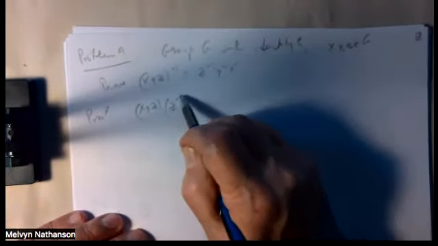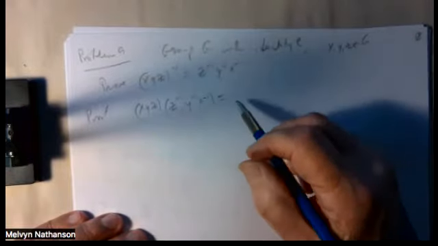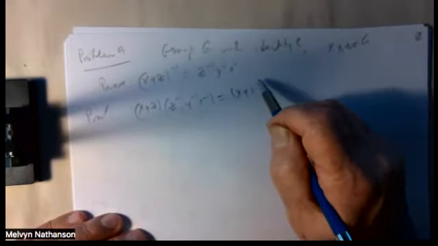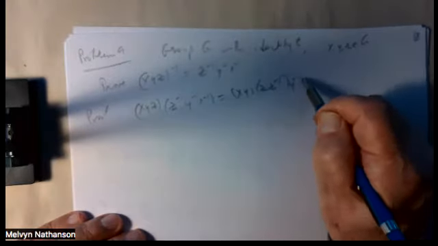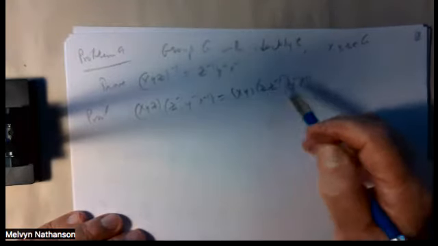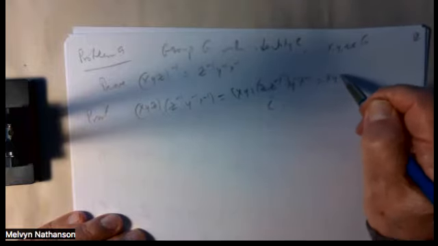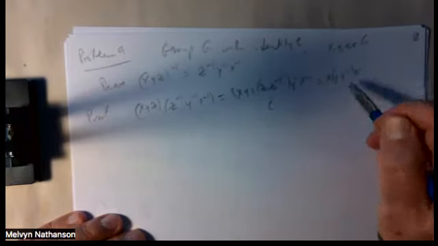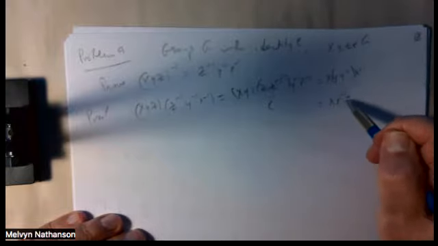If I take XYZ and I multiply it by Z inverse, Y inverse, X inverse, by associativity, this is the same as XY times ZZ inverse times Y inverse, X inverse. And ZZ inverse is the identity. So this is XY times Y inverse, X inverse. And this is XX inverse, which is E. And that's all we need to do for the proof.